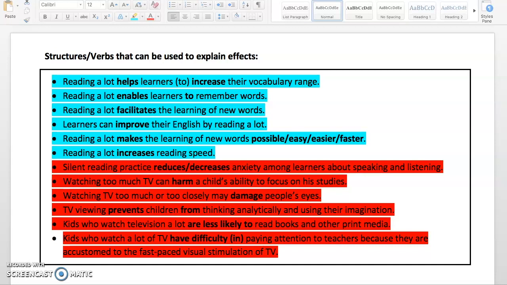You will use them more in your positive effect paragraphs, whereas the red ones will be more useful in negative effect paragraphs. If you want, you can pause the video now and check each sentence, and if there is any one that you don't know, that you're not comfortable with, you can visit a dictionary to learn their collocations and to read some more example sentences with them.